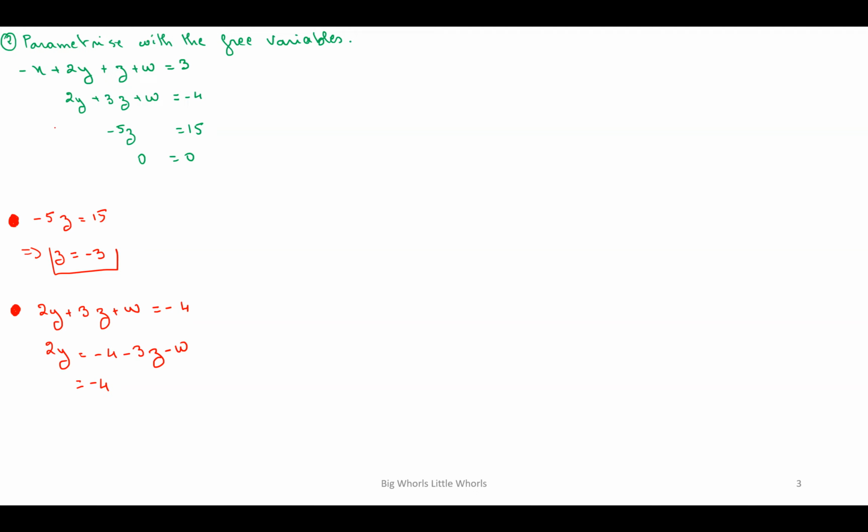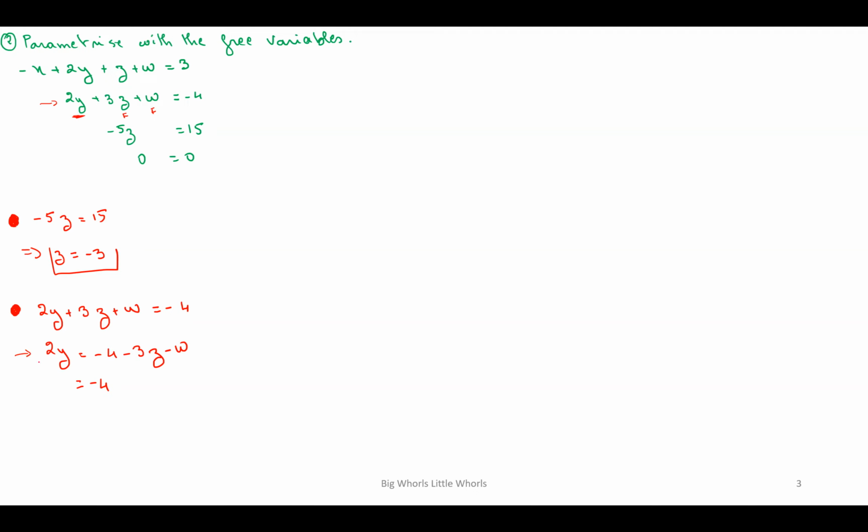If you recall, we write the leading variable in terms of the free variables. In the third row, the leading variable is z, and there are no other variables. In the second row, the leading variable is y, so we write y in terms of the other free variables, z and w. They are free. So that's what I have written here.